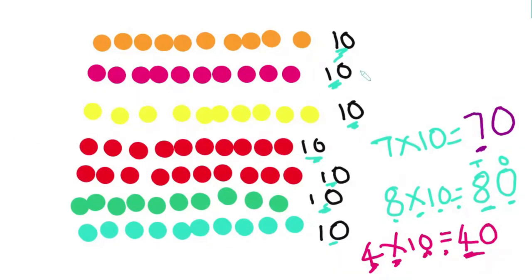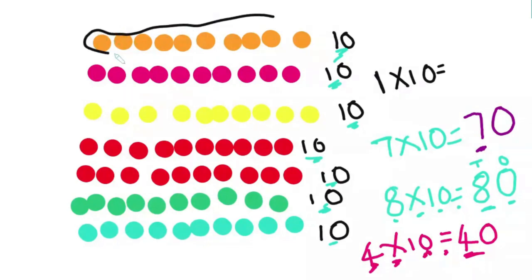Are you ready? Let me try and trick you. What is 1 group of 10? So we're just thinking about this one here. If I circle 1 group of 10, how many dots do we have in there?